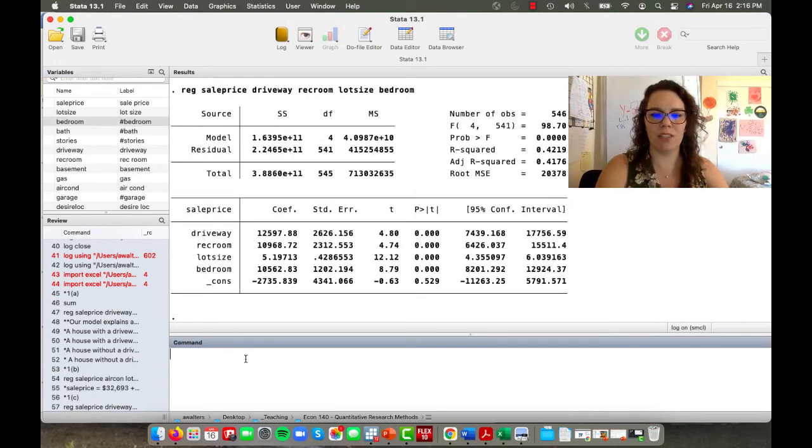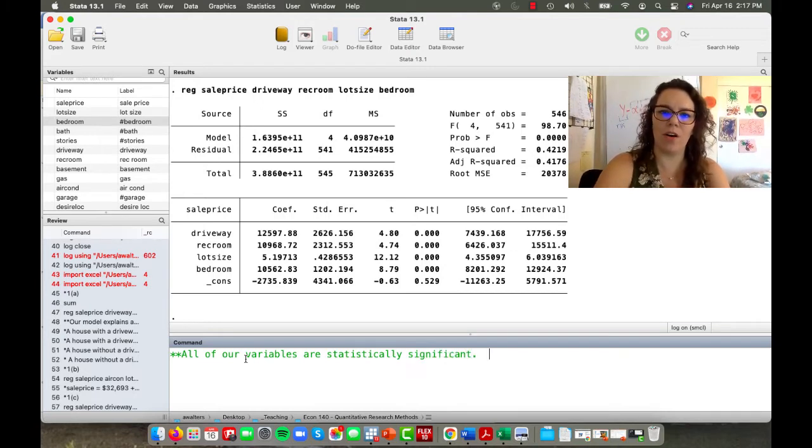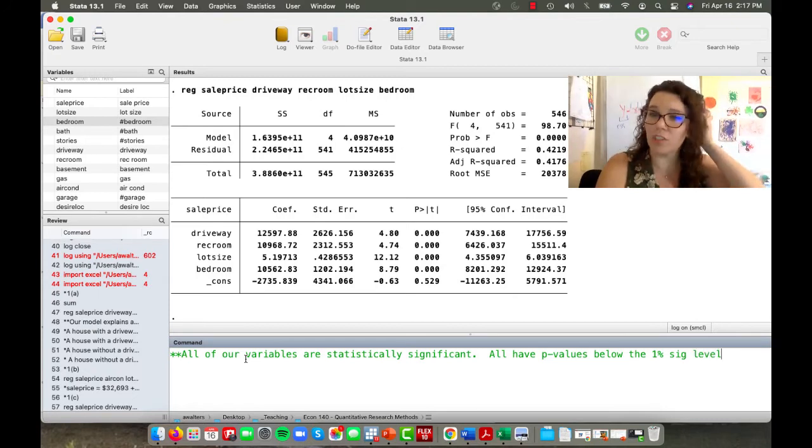So the first thing we can say is that all of our variables are statistically significant, right? They all have p-values below the 1% significance level. Their confidence intervals don't contain 0.